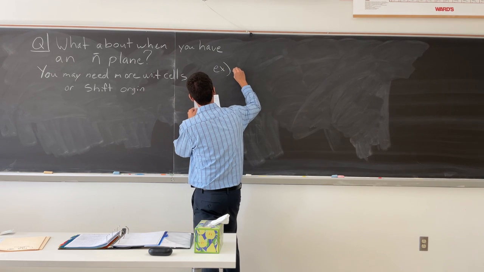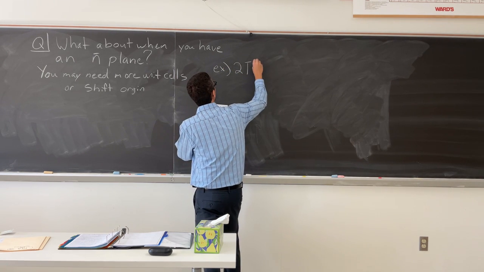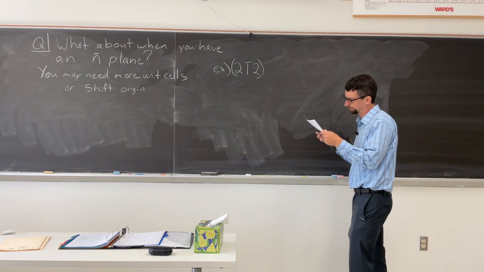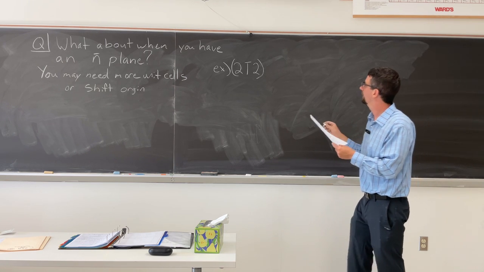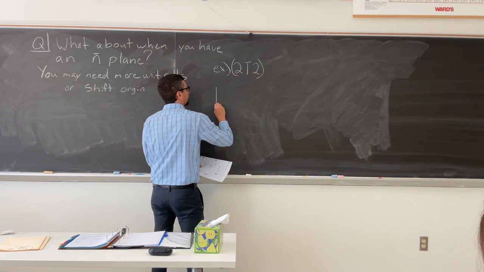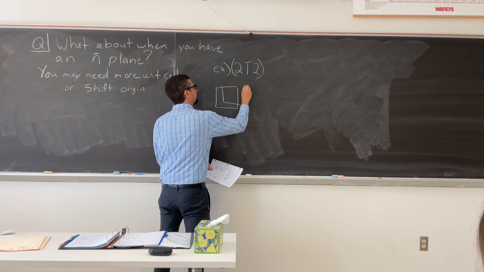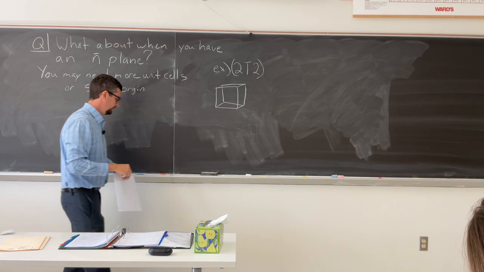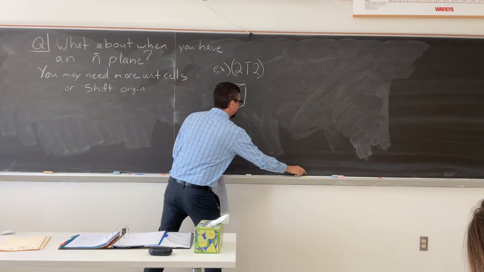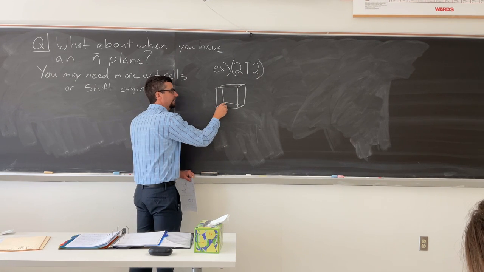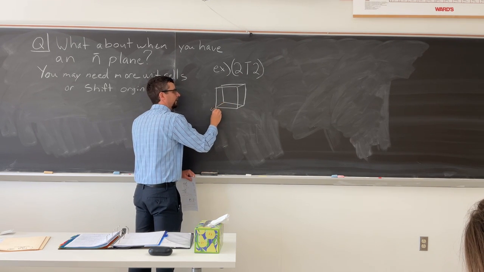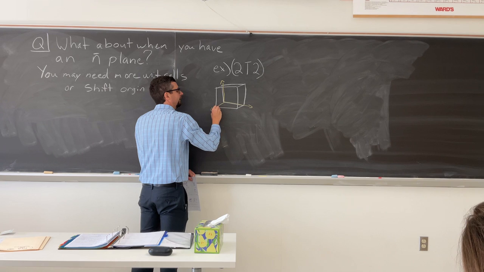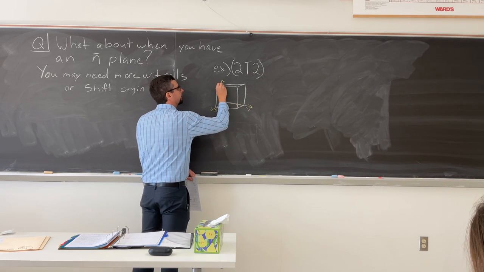So let's look at an example. Let's say we have a 2, 1 bar, 2 plane that we want to draw. Okay, and my coordinates, normally we have the origin in the back left corner, right? X, Y. Okay.